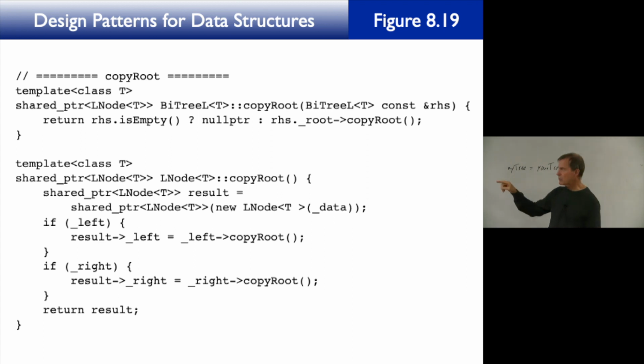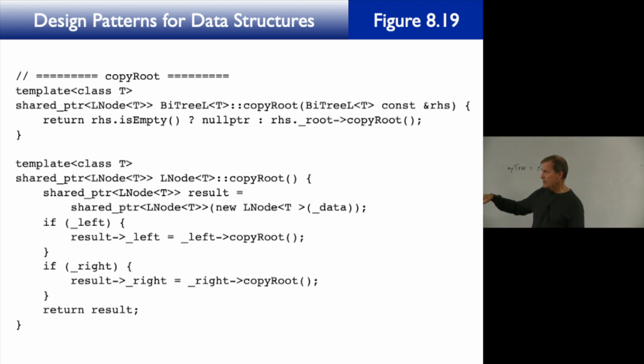And so what we do is we do LNode<T> star result gets new LNode with the _data in it, because this is a root, we're going to copy it. And then if _left is not equal to the null pointer, then we call result arrow _left gets left copyroot, so that's a recursive call to copy the root for the left tree.